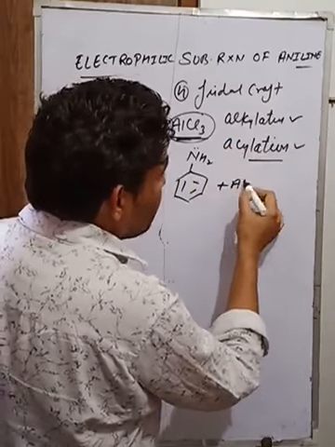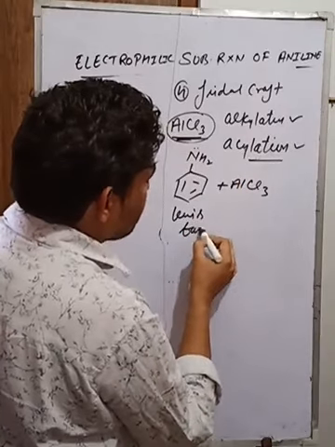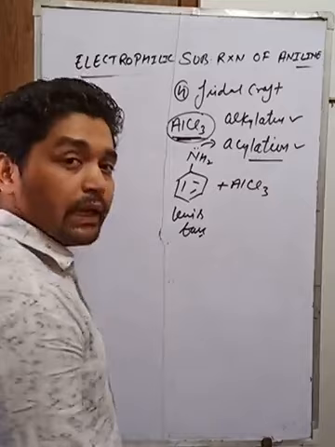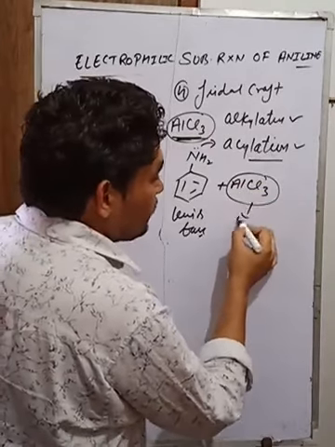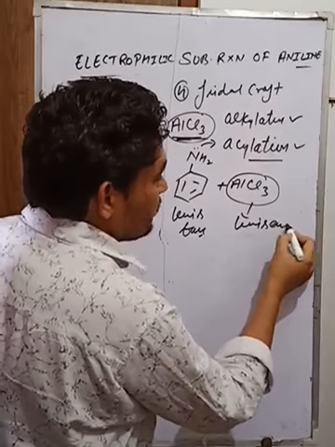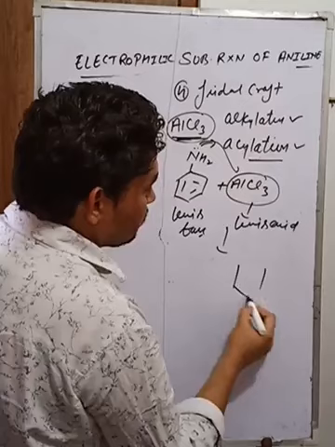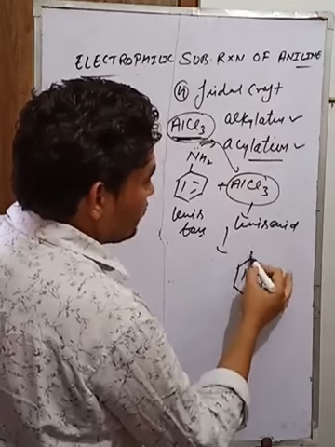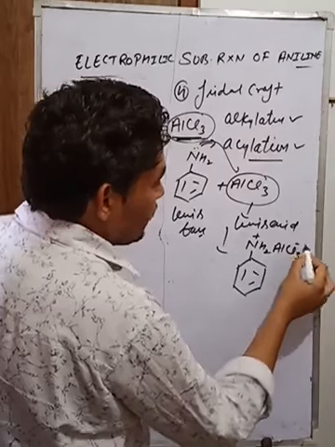Aniline acts as a Lewis base because it has a tendency to donate electrons, and AlCl3 acts as a Lewis acid. After donating a lone pair of electrons, we get a salt, NH2 positive, AlCl3 negative.